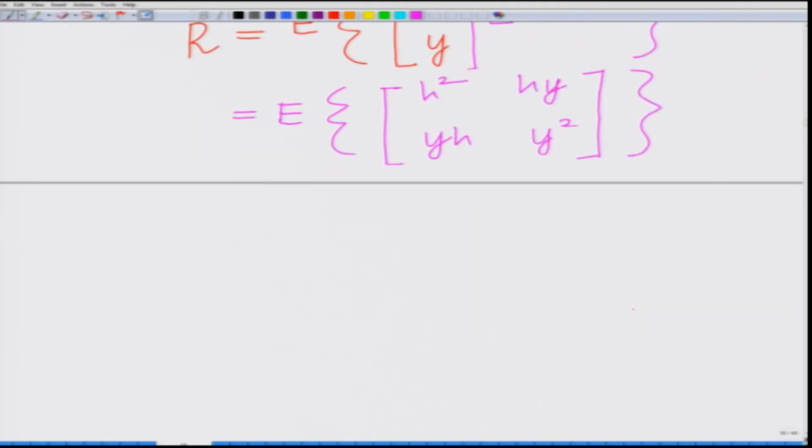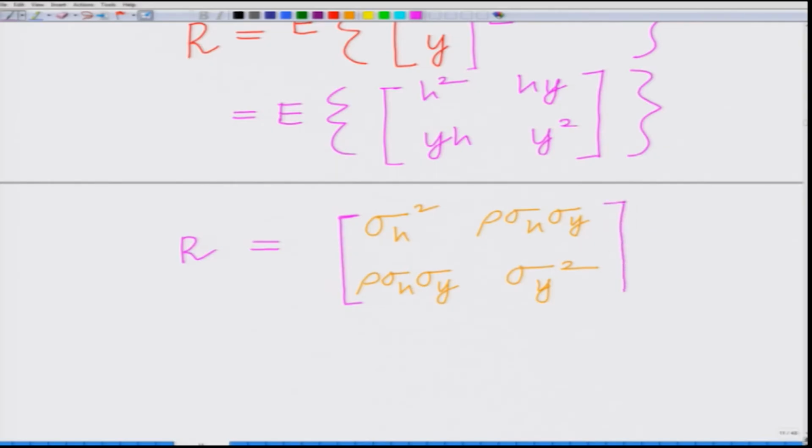Let us take the expected value of each term. Expected value of h square is sigma h square. Expected value of y square is sigma y square. Expected value of h y is rho sigma h sigma y. Expected value of y h is rho sigma h sigma y, and this is the covariance matrix of the random vector (h, y).